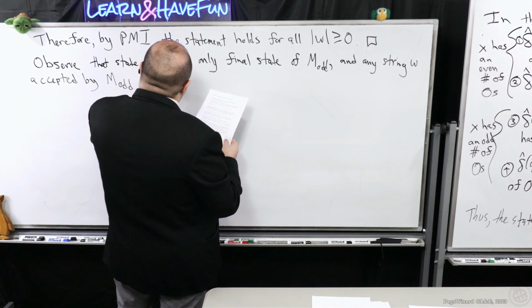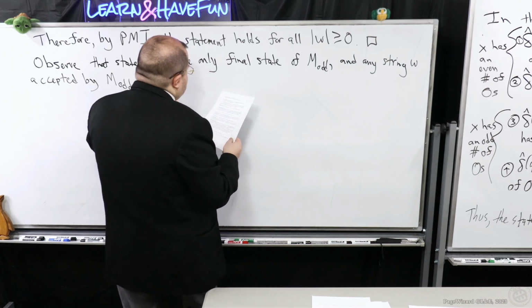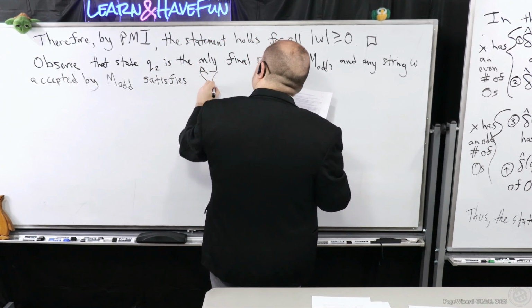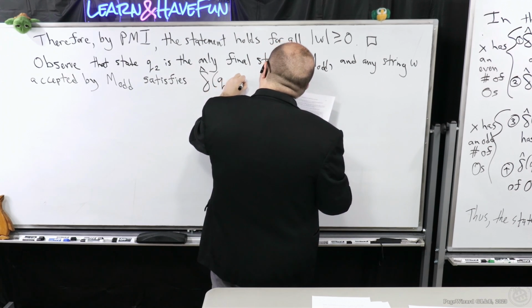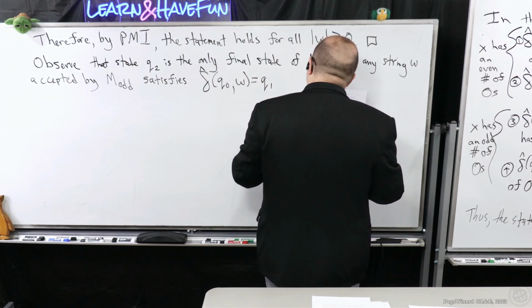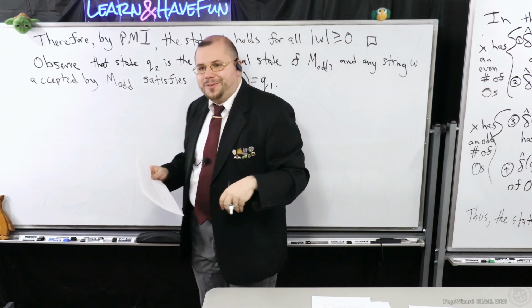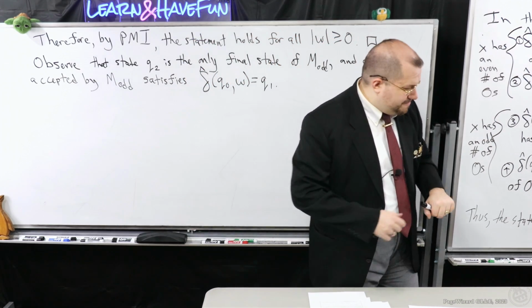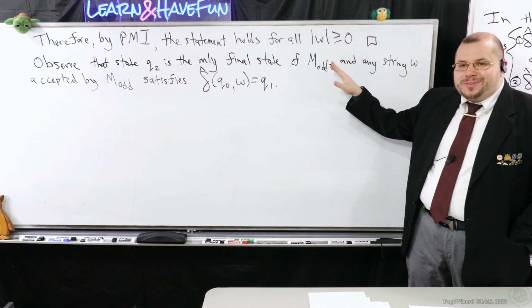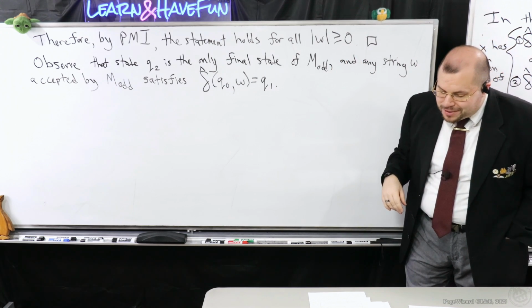It satisfies that the transition function delta hat, when I start at Q0 and read W, has to land in Q1, right? That's what it means to accept when we talk about M odd, right? So this is the key observation we need to make this all work.